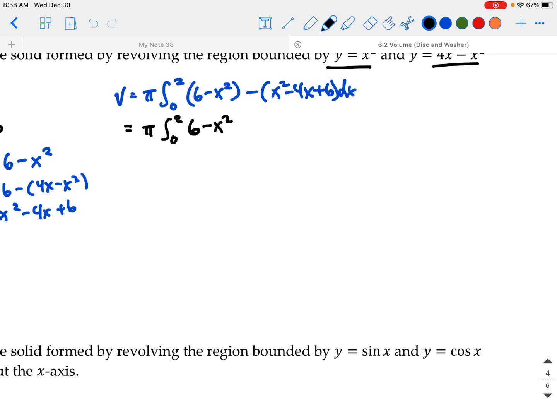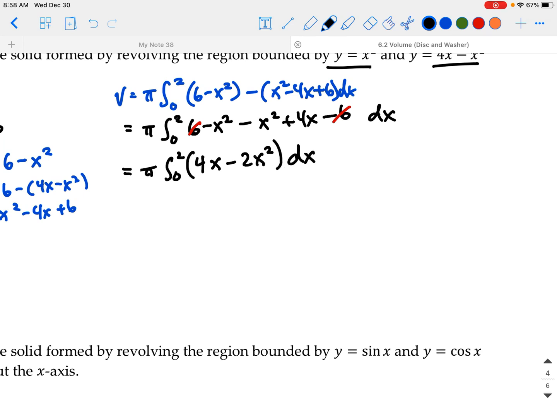So we'll have 6 minus x squared plus 4x minus 6. So just distributing everything out, we can see that we get some nice cancellation here. And then we can combine the x squareds, it looks like. So we'll have pi integral 0 to 2 of, I'm going to write this as 4x minus 2x squared dx.